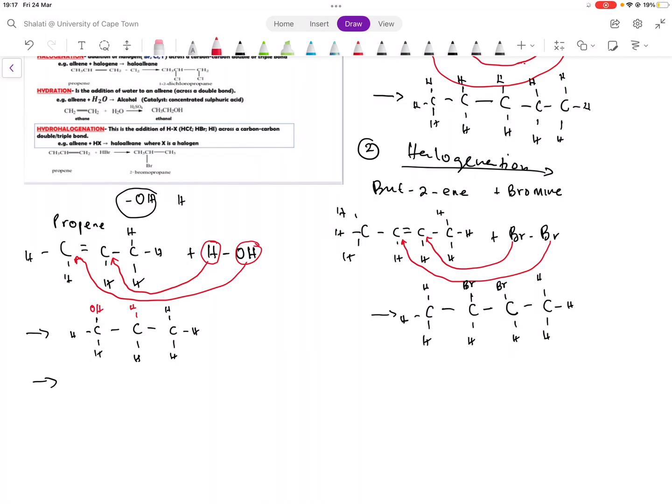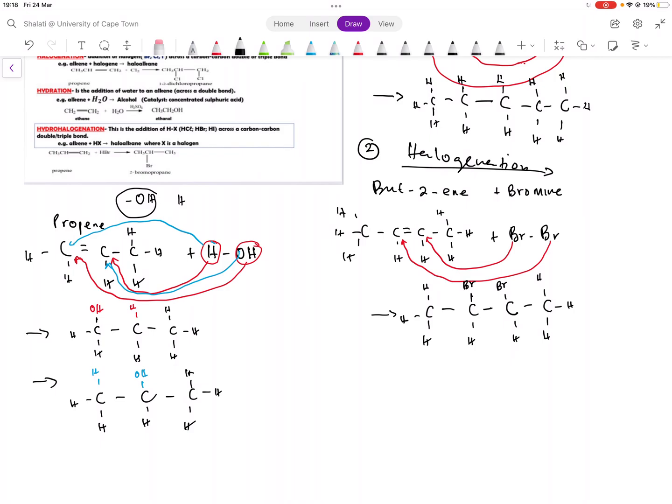Instead of what we did now, this hydrogen can decide to attach to the first one, and the OH can attach to the second one, okay, to form what? So if that happens, we have H, and then in the first one we added the hydrogen, and then in the second one we added an OH, and then the rest stays as it is.